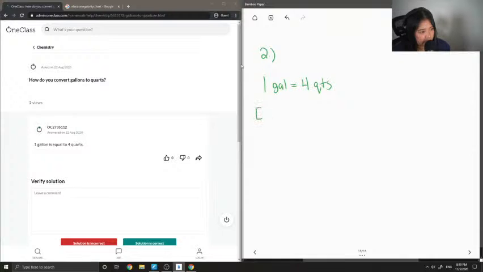So I'm just going to write out an example of converting gallons to quarts. Let's say how many quarts are in, let's just make up a number, like 57 gallons.